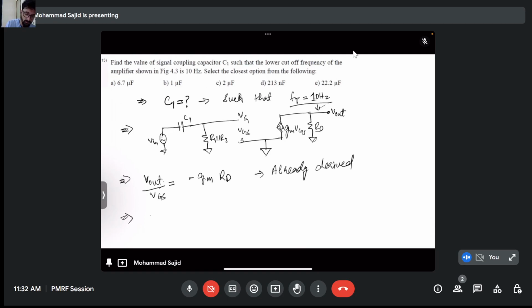So my V output is simply minus GM RT VGS. But what is VGS here? It's not simply V in, right? VGS will be simply equal to R1 parallel R2 divided by R1 parallel R2 plus XC1 into V input.